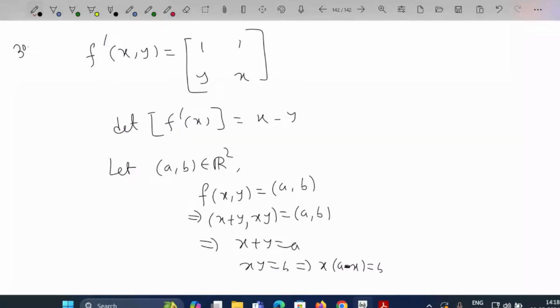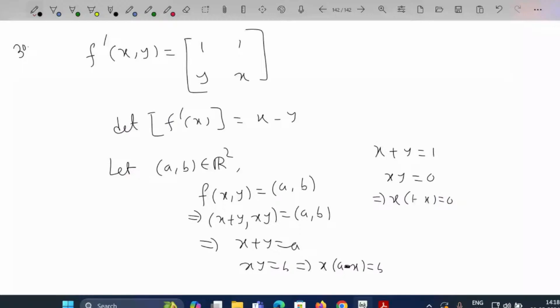So what about if I consider the point 1 comma 0? So let's say x plus y equals 1, xy equals 0. So it will be x into 1 minus x equals 0. So x equals 0, x equals 1. This has a solution.